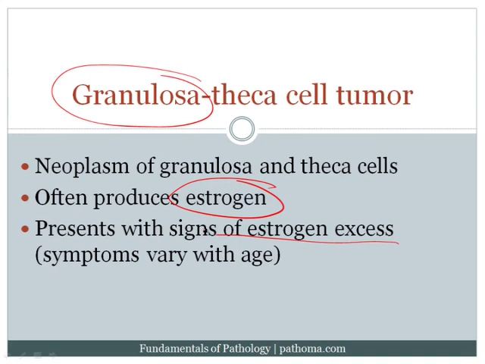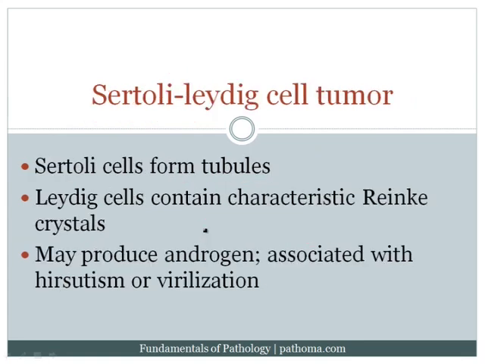If you got a granulosa theca cell tumor in a middle-aged adult, then the woman would present with heavy menstrual bleeding, or maybe bleeding outside of the menstrual cycle, for example. And then if you got this tumor in an older adult that was postmenopausal, then they would have abnormal uterine bleeding or postmenopausal bleeding. And that's because the estrogen from the tumor is going to hit the endometrium and cause the endometrium to grow and grow and grow, and eventually it would begin to bleed. So that's the granulosa theca cell tumor.